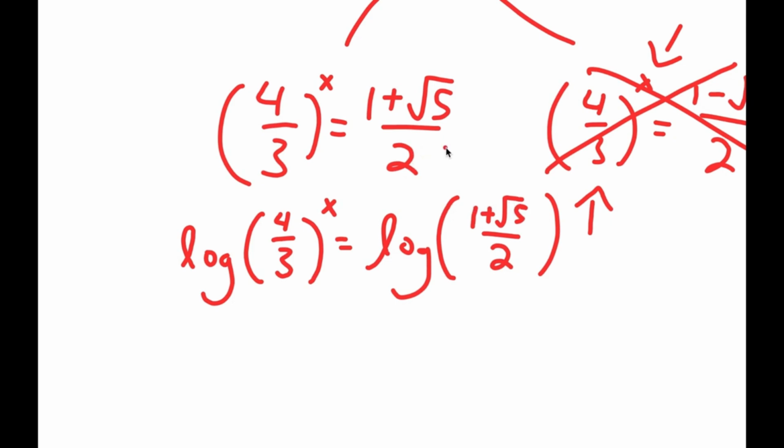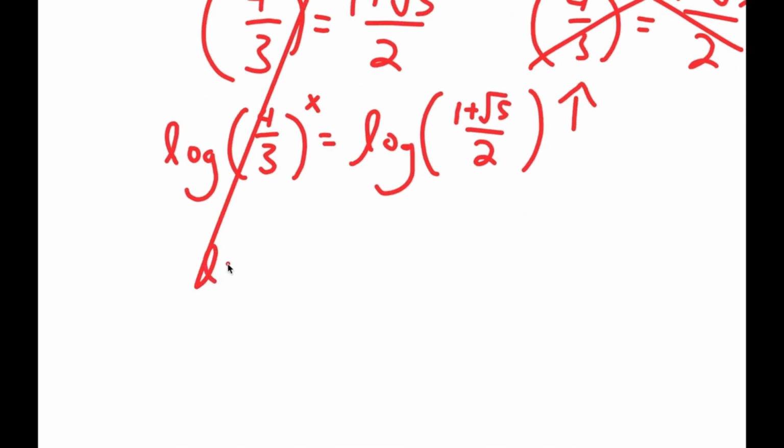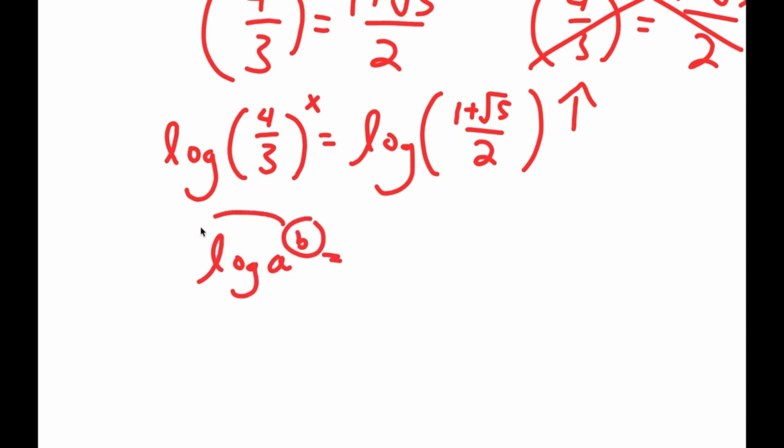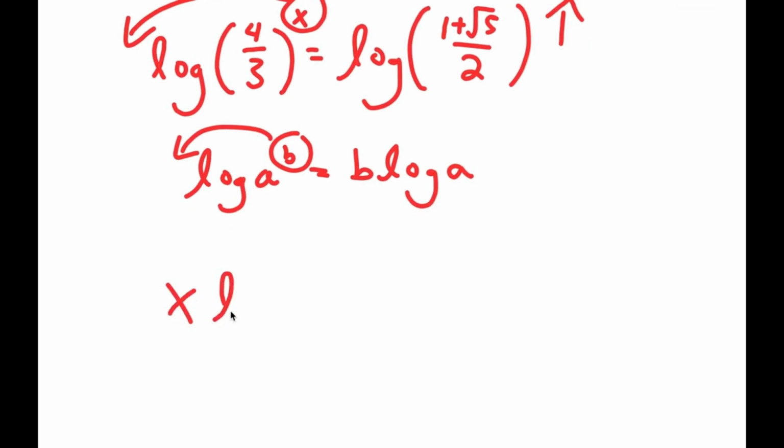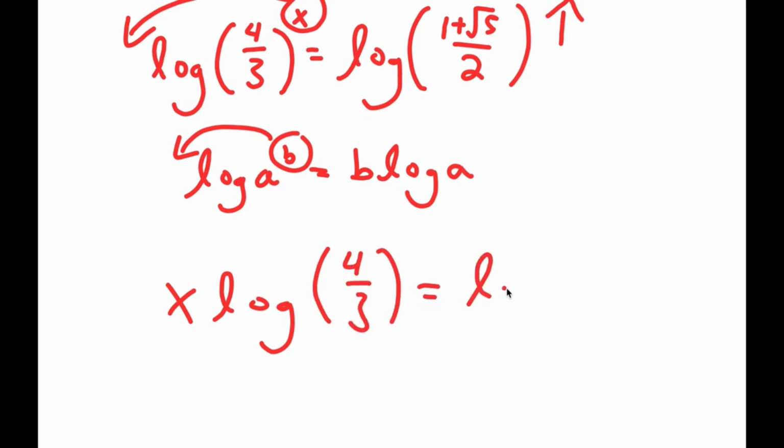Now, if I have something in the form log a to the power of b, I can move this exponent b to the front, so it's going to equal b times log a. In this case, I have log of (4/3)^x, and I can move x to the front. So I get x times log(4/3) is equal to log of (1 + √5)/2.